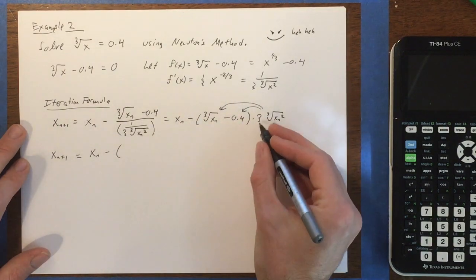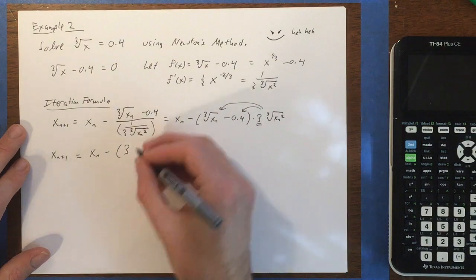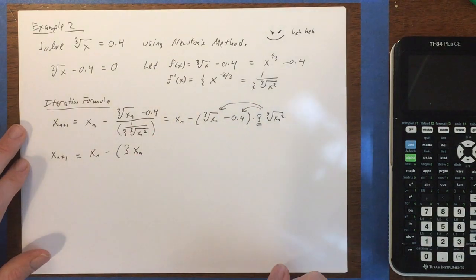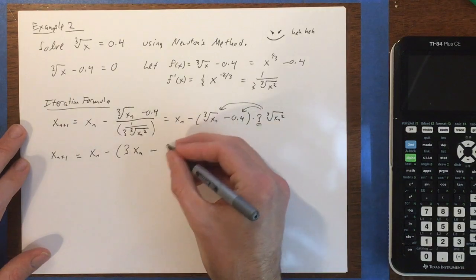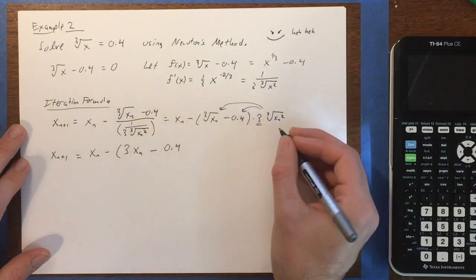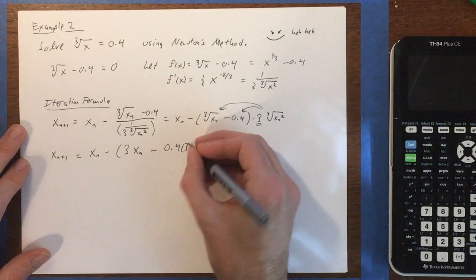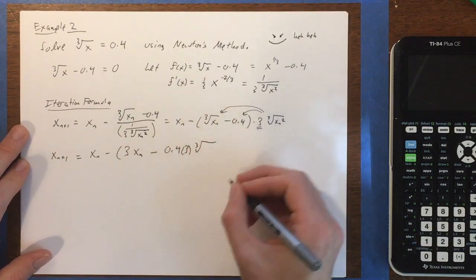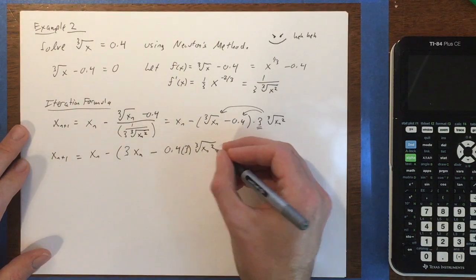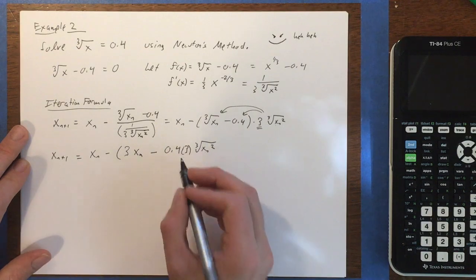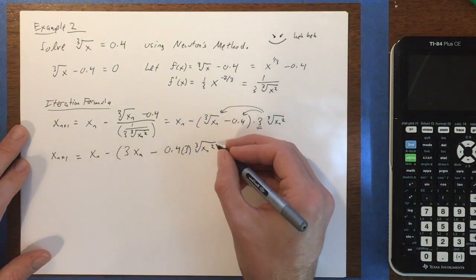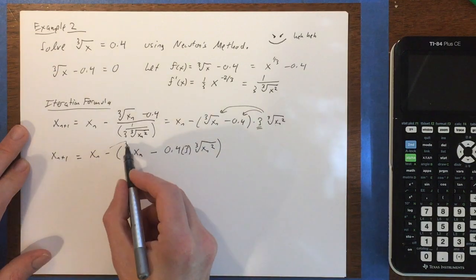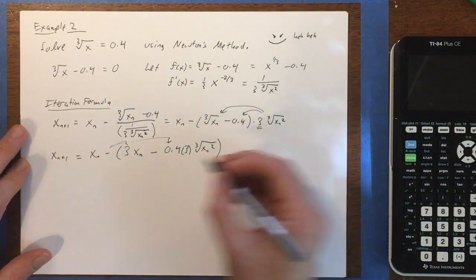So we still have a 3 factor there, so it's just 3xn. Now the second term here, minus, we're going to have 0.4 just multiplied by this 3, and then multiplied by that cube root of xn squared. So I believe the 0.4 times 3 should be 1.2, right? 4 times 3 is 12? Yes. So now we just have to distribute this negative through here, and then this will be nice and simple.